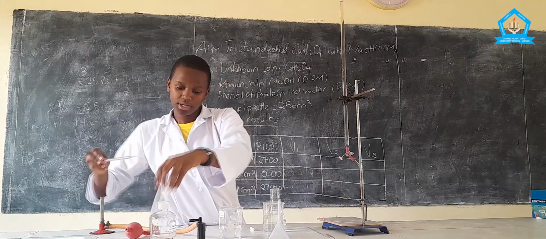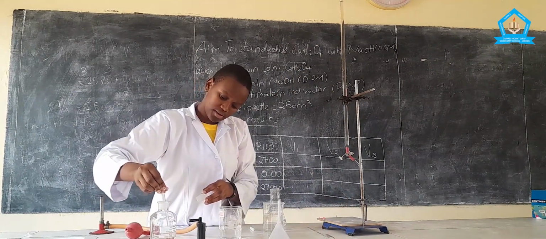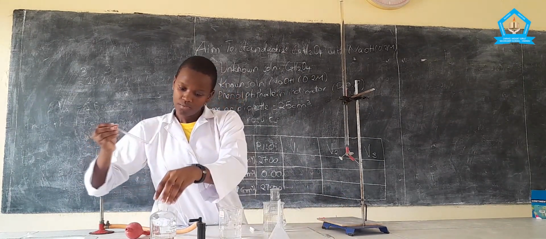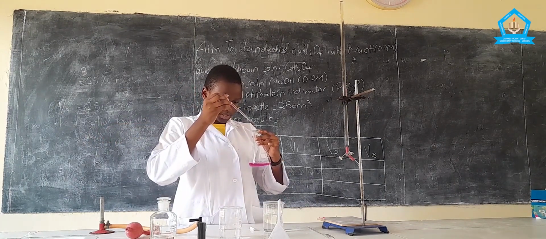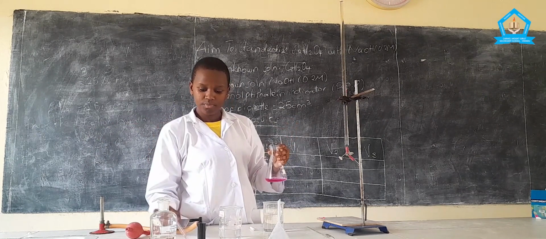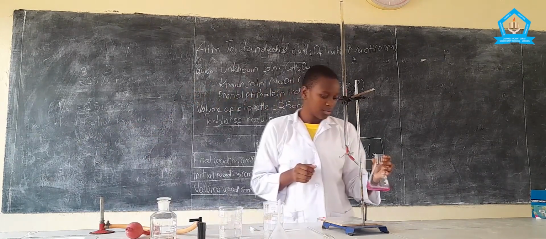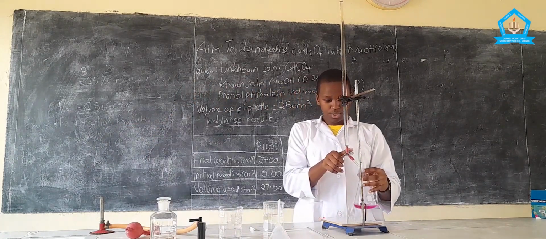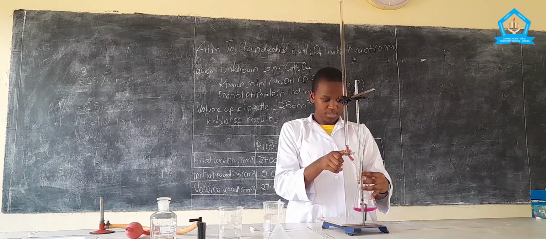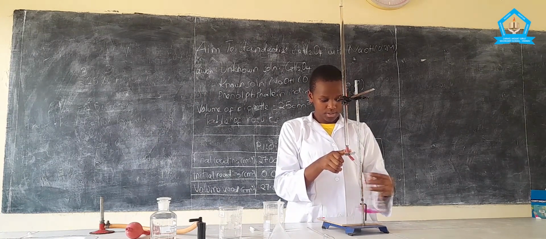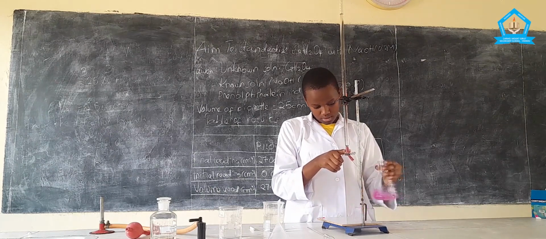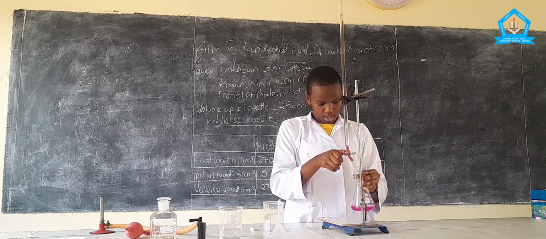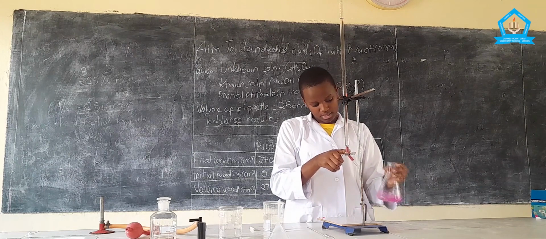Taking 2 drops of the indicator. We're not supposed to put more than 2 or 3 drops because sometimes it can lead to errors. We titrate, dropwise acid, we shake, again a little more acid.